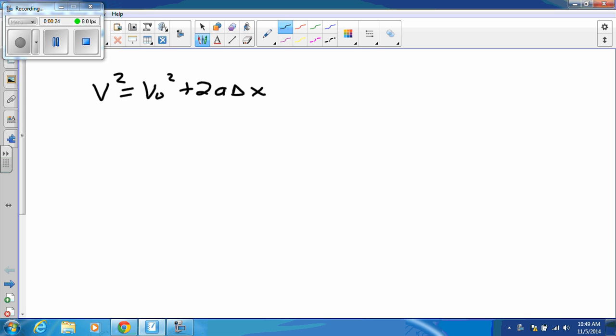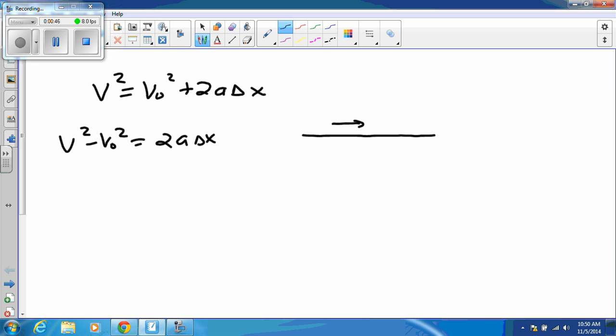What I'd like to do is to take this equation and rewrite it just a little bit, just like so, by subtracting v0 squared from both sides. And I would also like to talk about what it means. So we have an object that is moving in a straight line.